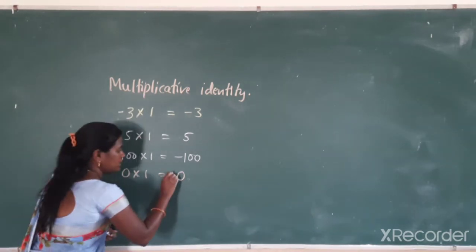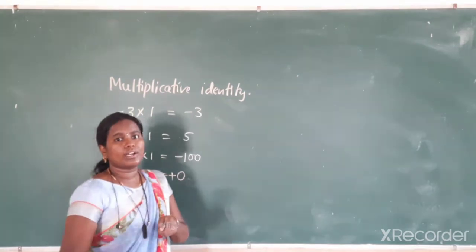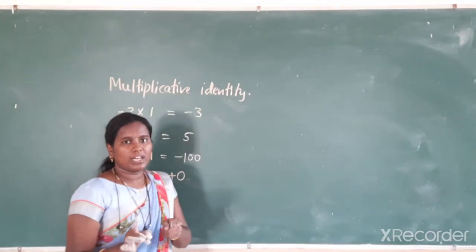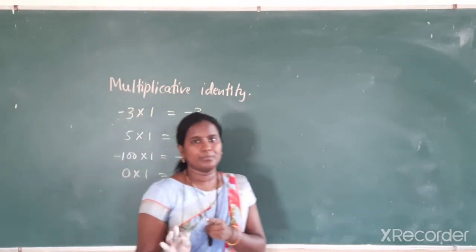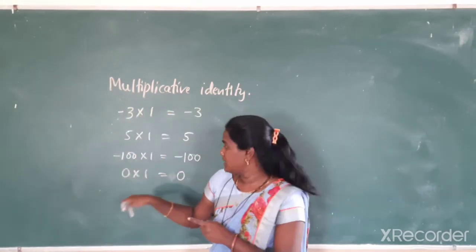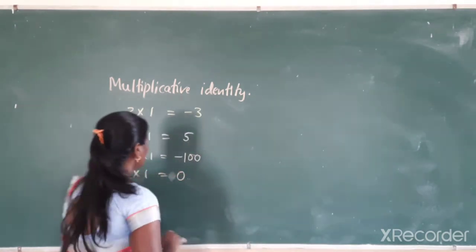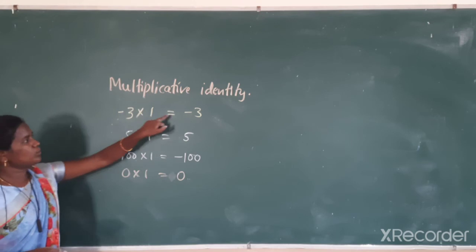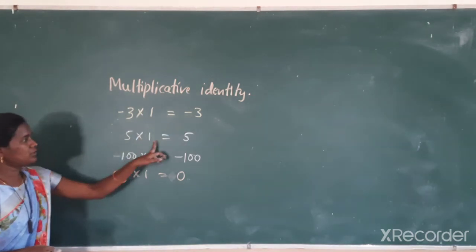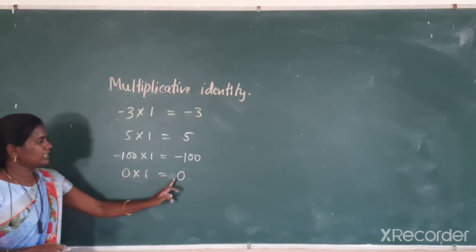Don't write plus 0. 0 is neither positive nor negative. It is neutral. Don't write any sign for 0. So here, minus 3 into 1 is minus 3, 5 into 1 is 5, minus 100 into 1 is minus 100, 0 into 1 is 0.